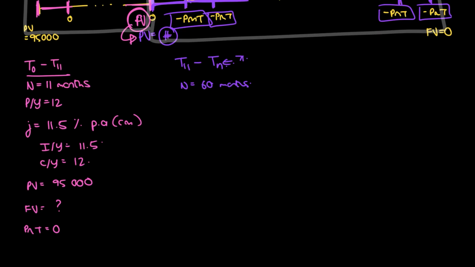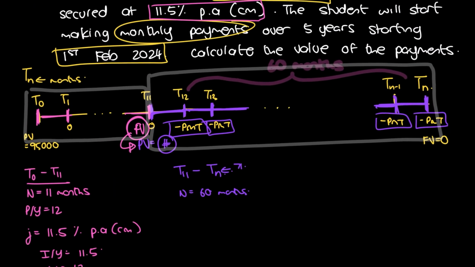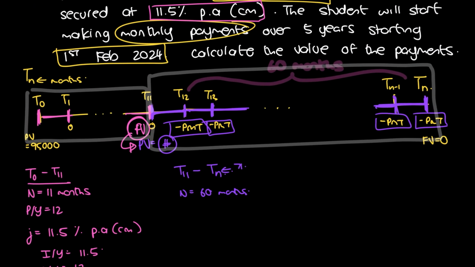But just in case you don't like that, you can look at this and go, okay, you have 11 here, and from this one all the way is 60 months. So 11 plus 60 gives you the 71. And then you can read the 60 months from 71 minus 11.